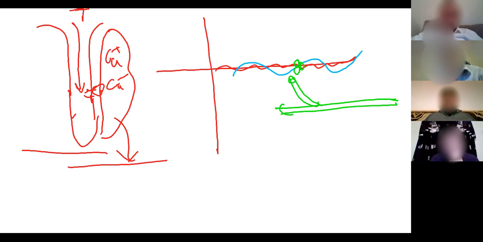Once calcium comes in, the calcium binds to troponin C, which changes the configuration of troponin I, which allows troponin T to pull the tropomyosin away. It causes a mismatch between the tropomyosin and the myosin binding site. That means you now have an exposed myosin binding site, which allows your myosin head to bind to the myosin binding site.